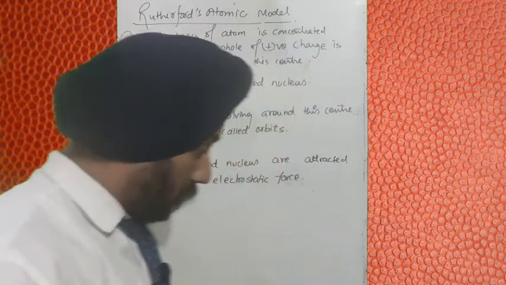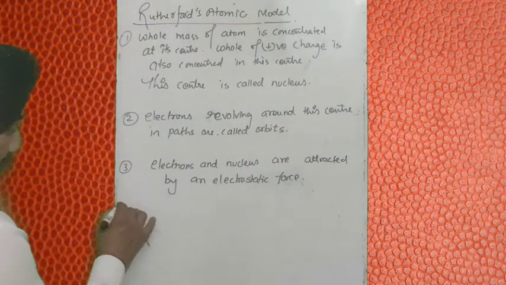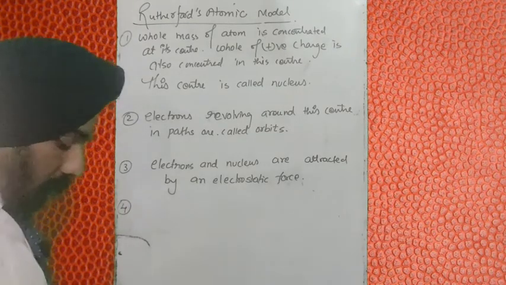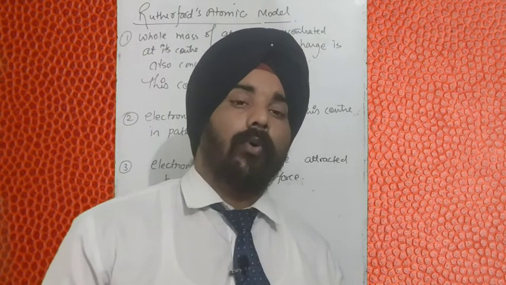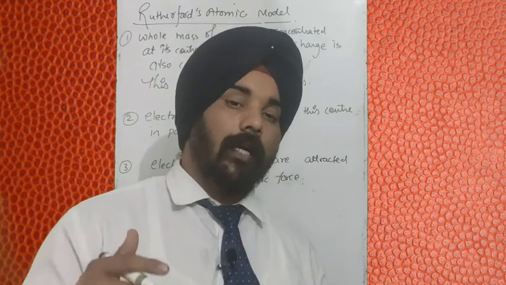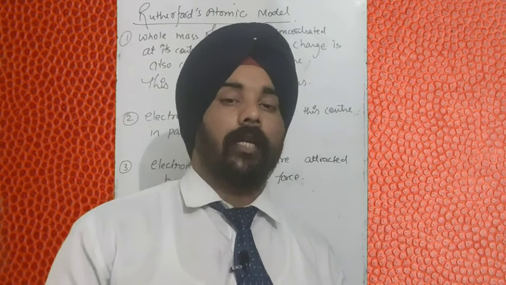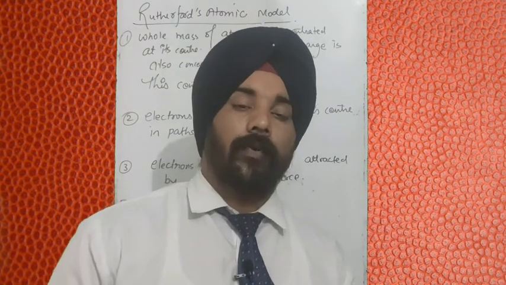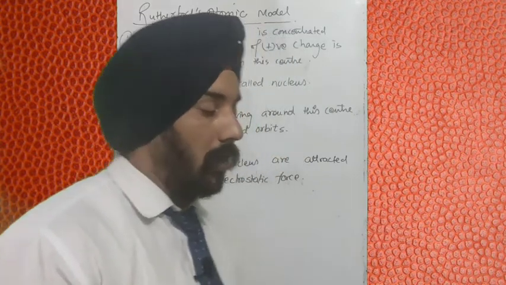And one more very important observation. He was able to tell us the radius of the atom and the radius of the nucleus. That quantitative relationship we got from the Rutherford atomic model.